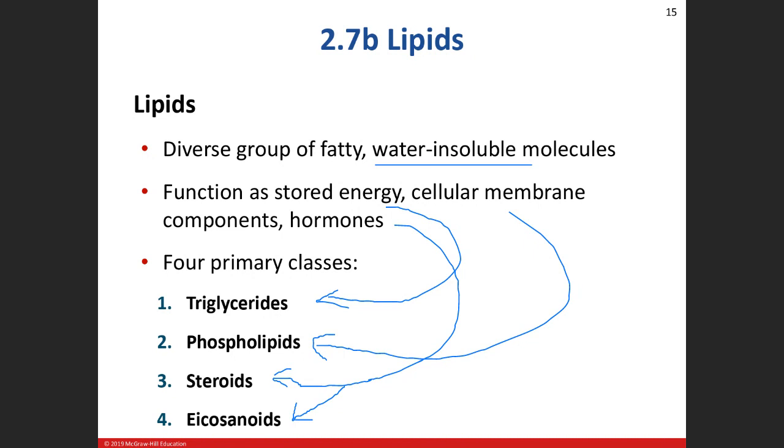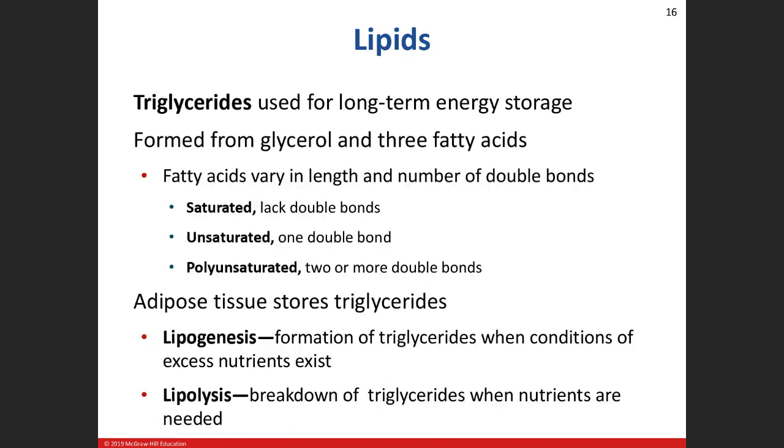Number 2 should definitely make sense after you took chapter 4, which is when we learned about the cell. And then triglycerides, we'll talk more about it in this lecture, but also you saw a little bit of it in digestion. We were talking about the breakdown of triglycerides, and what molecules make up the triglycerides.